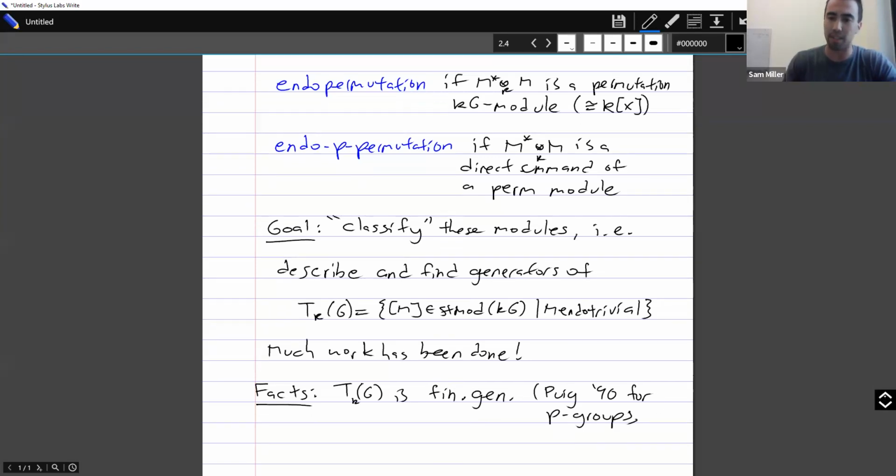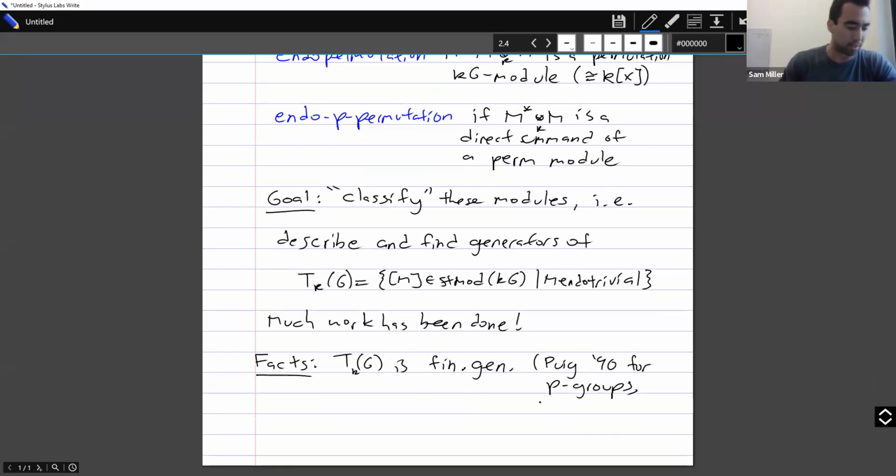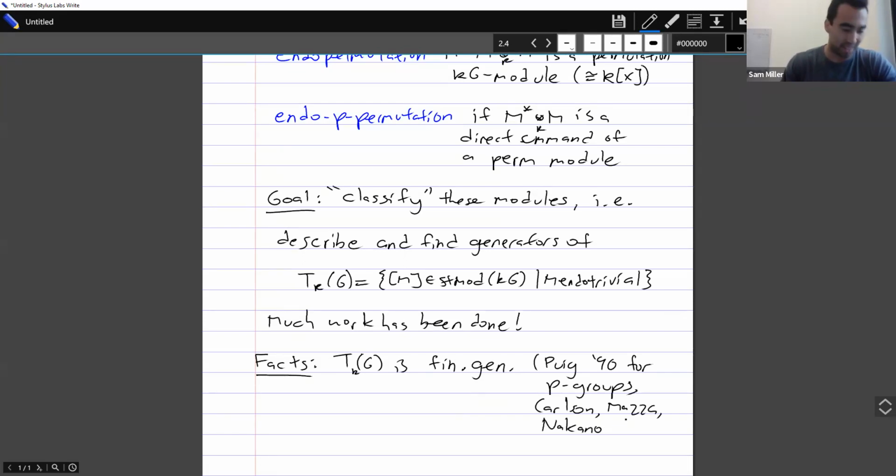And then the first time I've seen this actually mentioned for non-P-groups was due to Carlson, Mazza, and Nakano in '06, but this may have been known earlier.